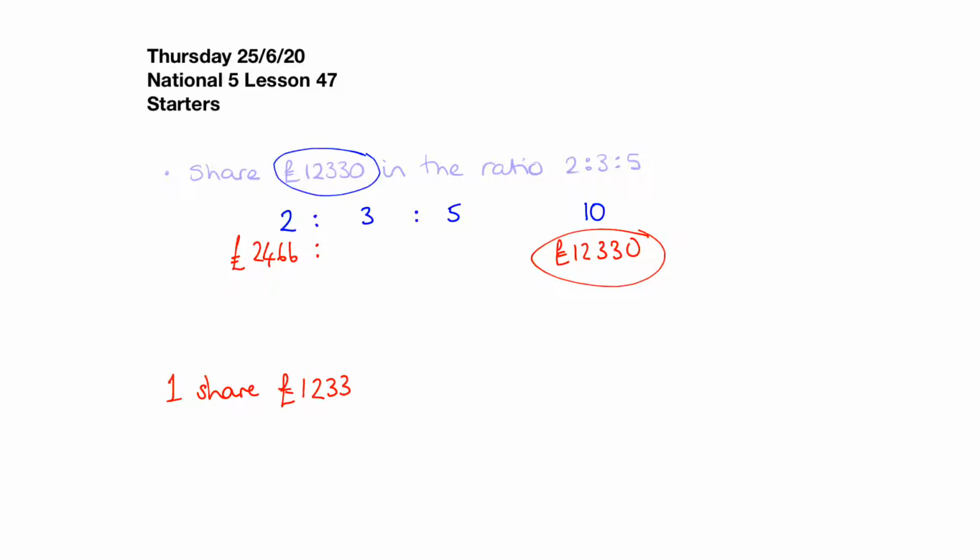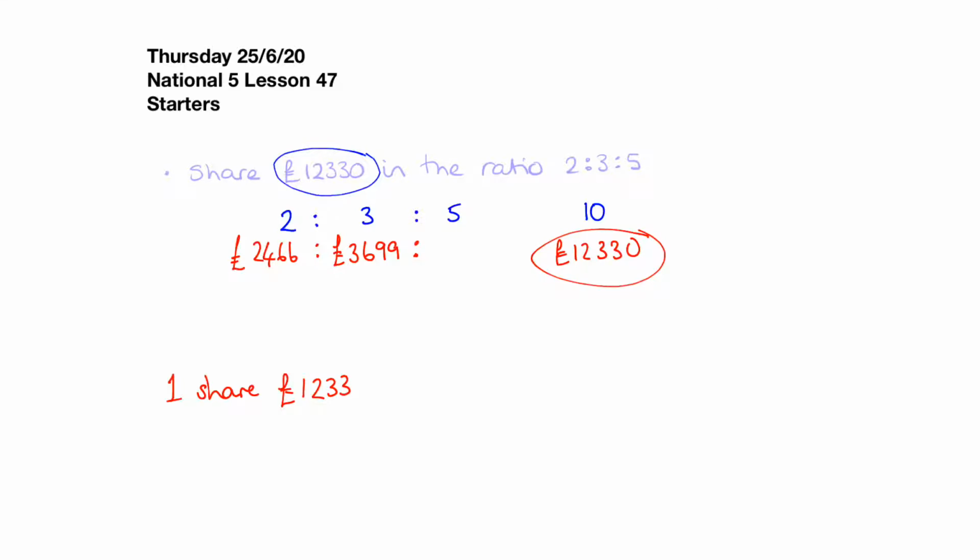The person with 3 shares gets another £1,233 on top of what 2 shares gets. So that's going to be 3,699.